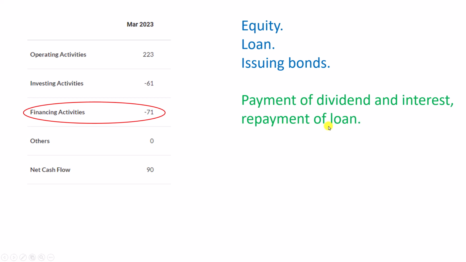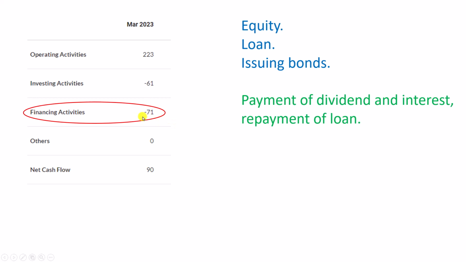All these activities lead to money going out of the company. One more is buyback of shares. If the company buys back shares, then money would go out of the company. Okay. So these are positive and this is negative. So this minus this would be this.